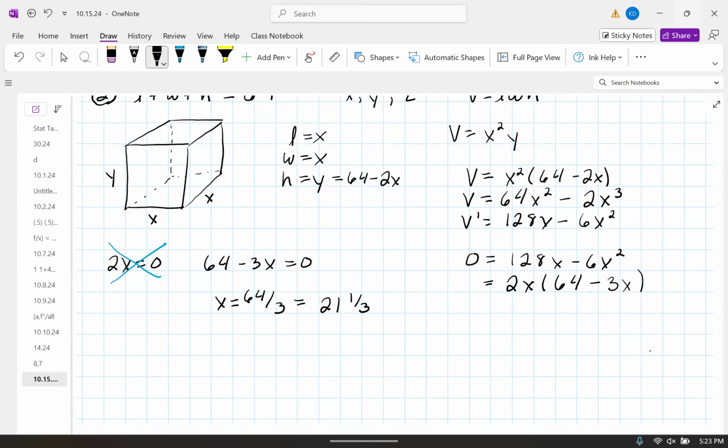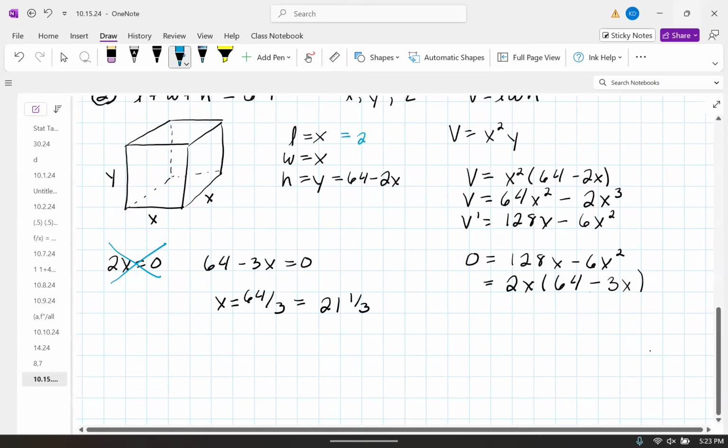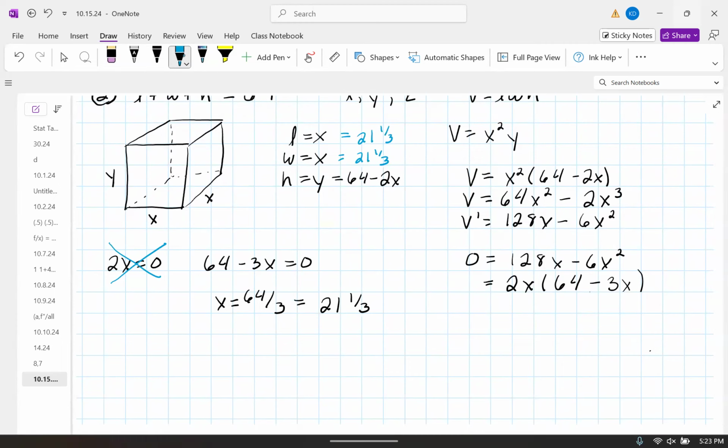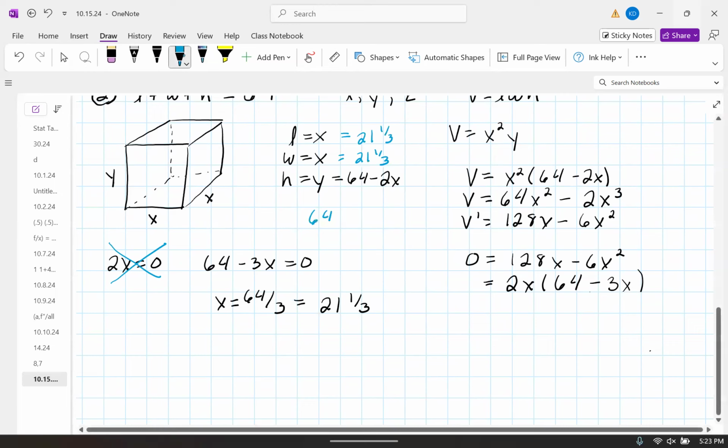All right, so I get my dimensions are 21 and a third for those. And my last one, bet it's going to be the same. So 64 minus 2 times 64 over 3. Did we get the same? 21 and a third?